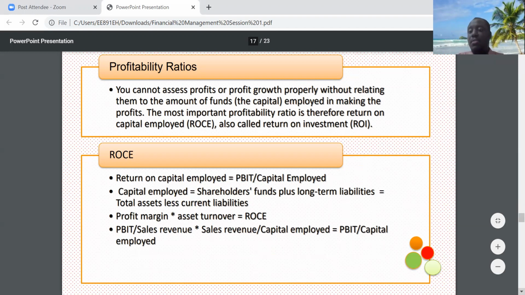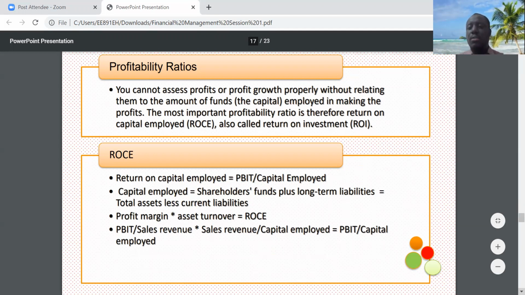The most important profitability ratio is what we call ROC, which is the return on capital employed. You can also call it ROI, which is the usual, common name that is used, return on investment. So let's look at ROC, return on capital employed, and the formula to calculate it.